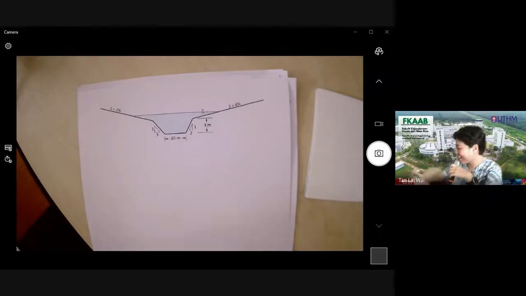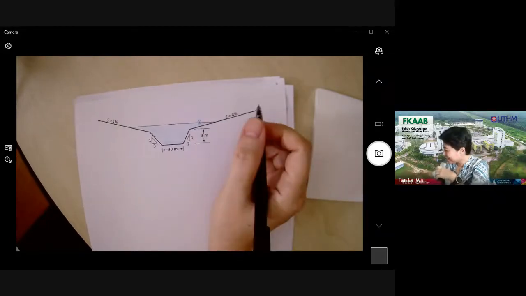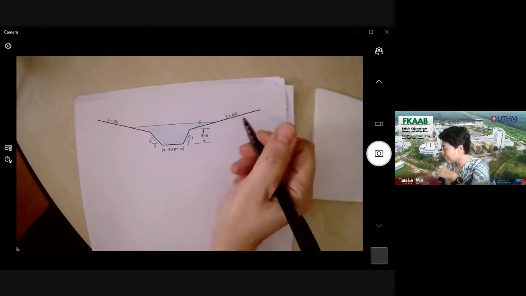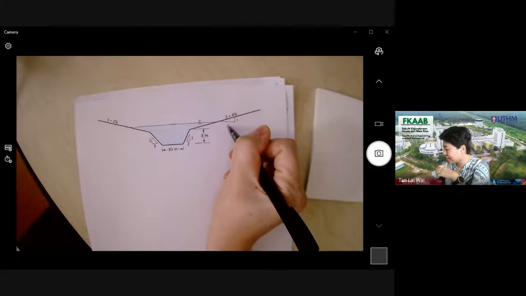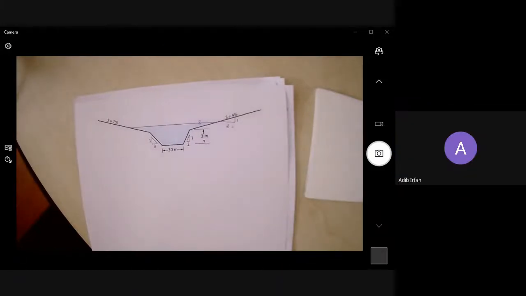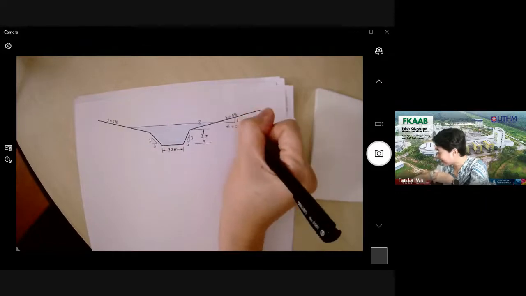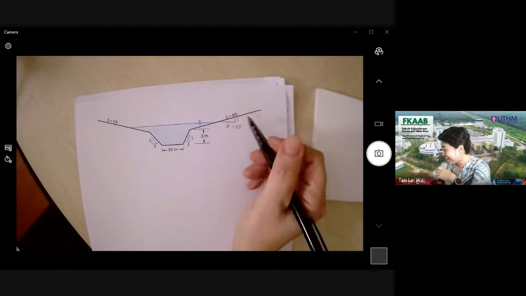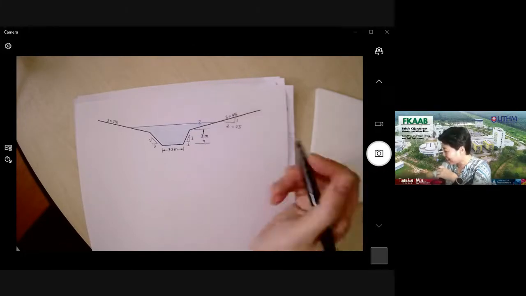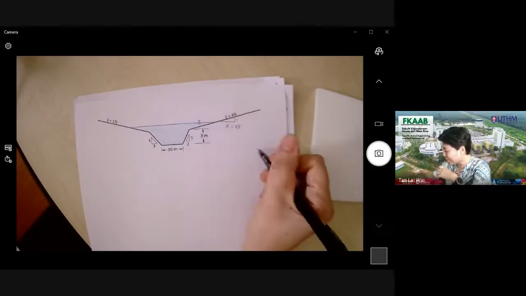All right, Adib, can you tell me what would be the Z here? 25. So fast. Great. Thank you. You have the answer already? Yes. Okay, great. How did you get 25?